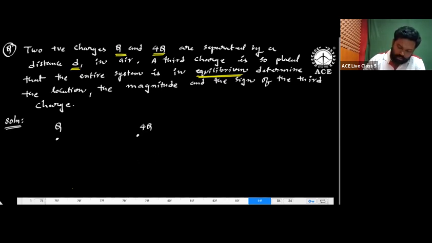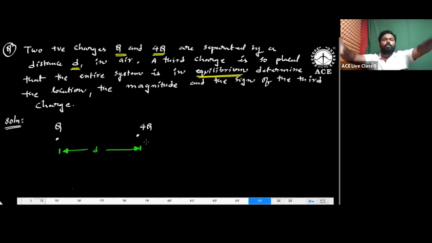These are separated by the distance D. So I want to bring the third charge into the system so that the entire system will come into equilibrium. Equilibrium means what? The net force in the system is 0. If you find the total force on any charge, that will be equal to 0.